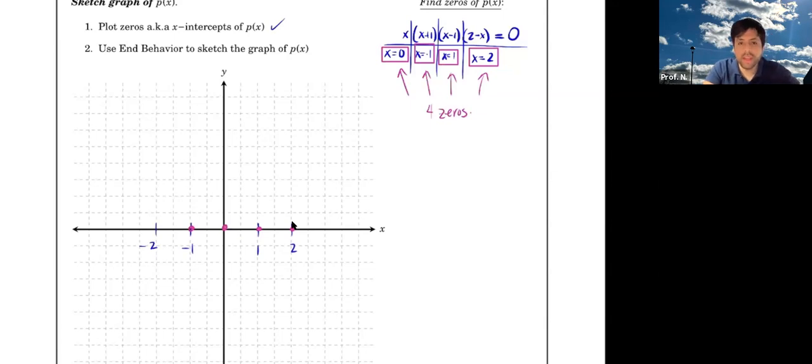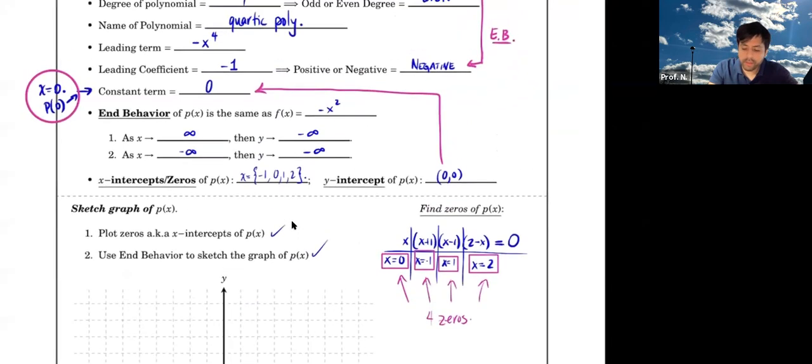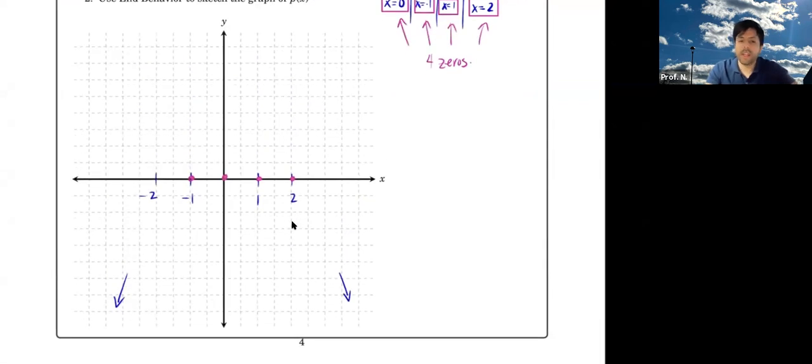The next thing we know is the end behavior. What's the end behavior? Negative infinity. So it must go down here to negative infinity, and it must go down here to negative infinity. We know how it ends. And now think again about the thread and the needle, but in this case, we have 4 openings for the needle that has to go through all of them.